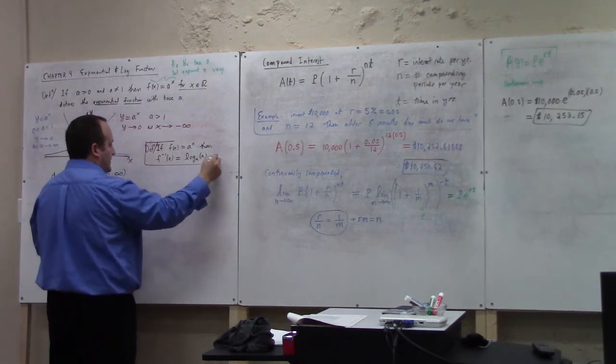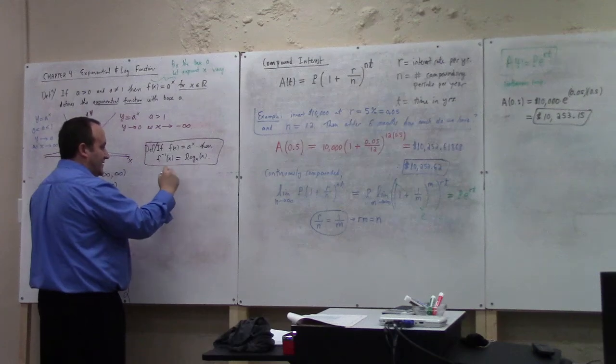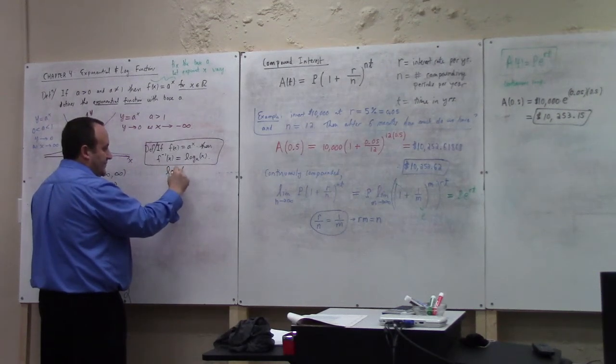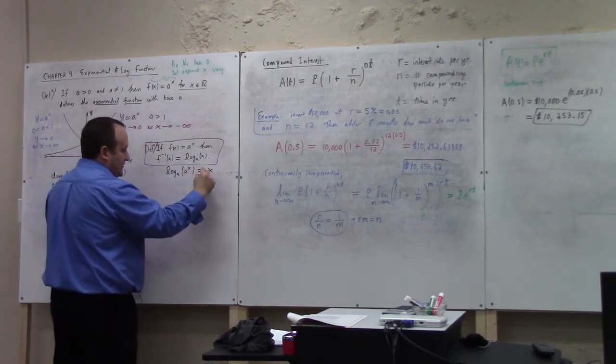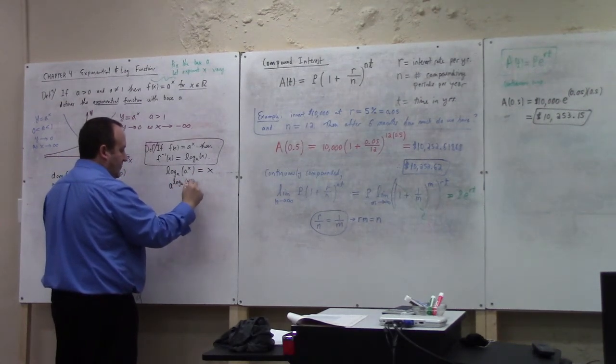So the inverse function to the exponential is called the logarithm, in particular, log base a of x. Log base a of a to the x is equal to x, and a to the log base a of y is equal to y.